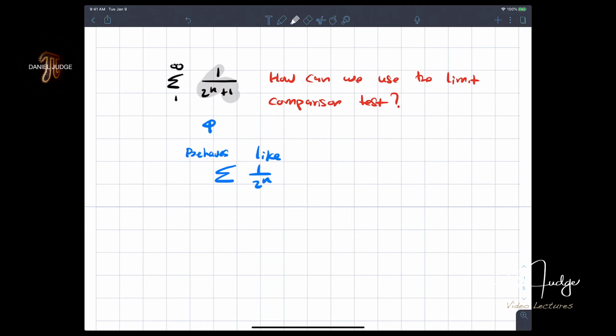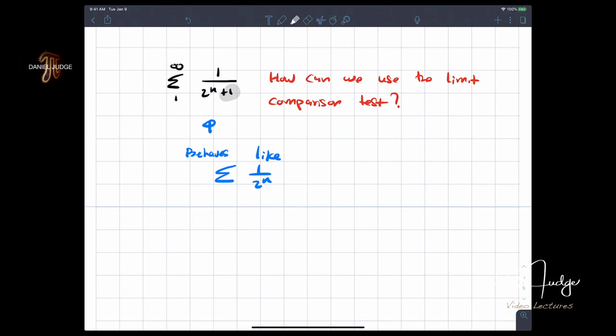If you remove some constant terms, meaning this plus 1, I'm going to remove that constant term. If I remove the constant terms, I get a series that's very similar, that behaves like it. And so this is our strategy: get a series that behaves like it.